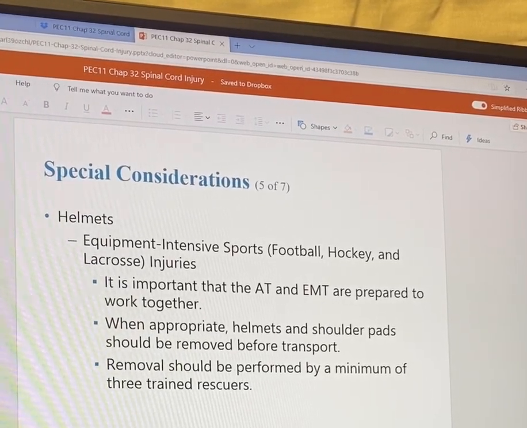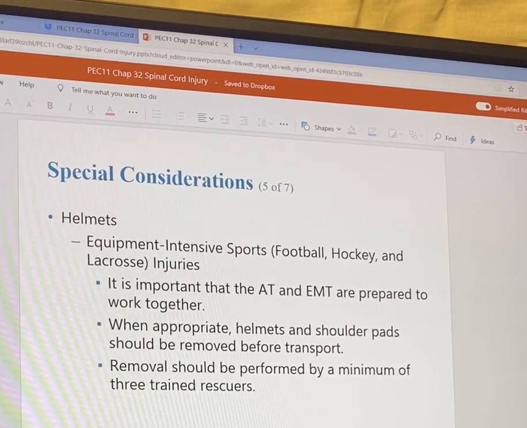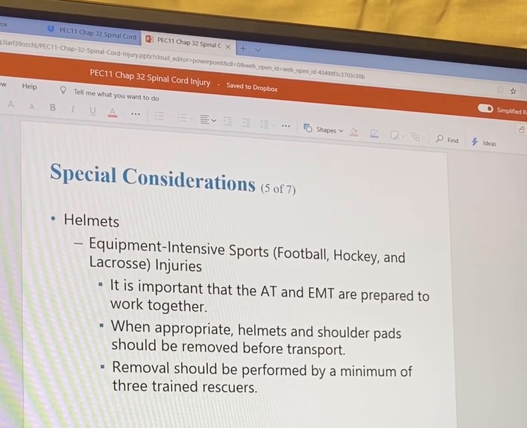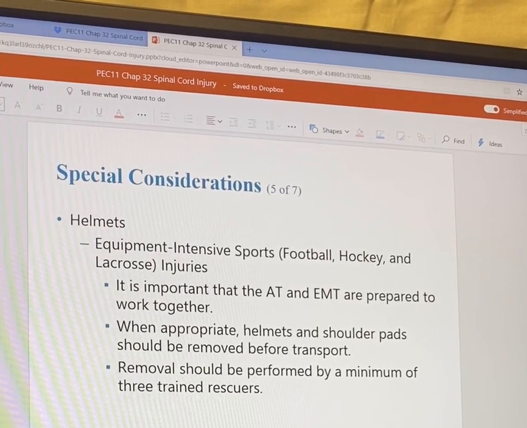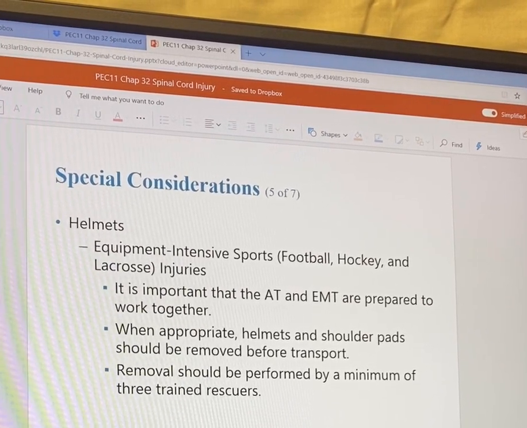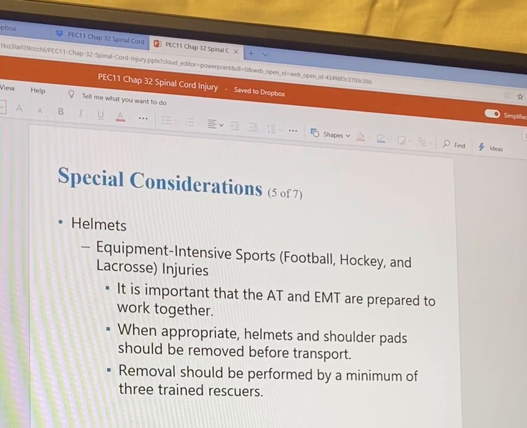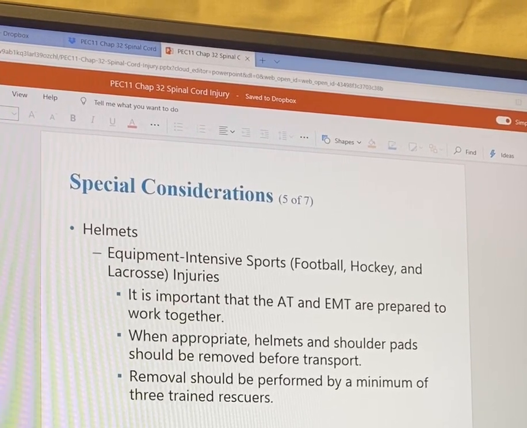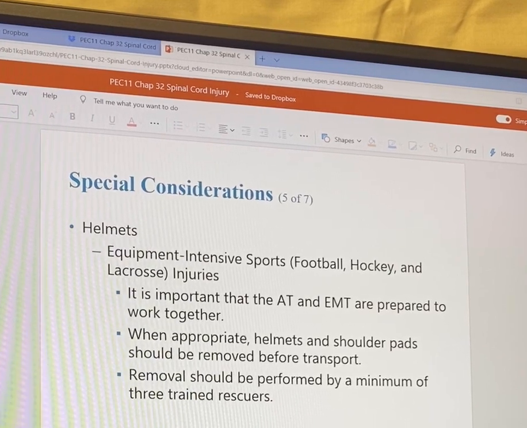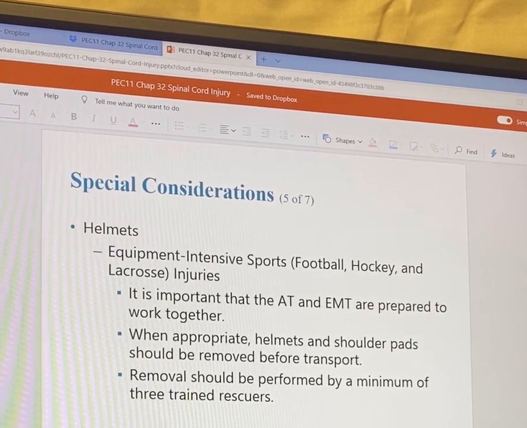Alright, recommendations now state, when appropriate, helmets and shoulder pads should be removed before transport of an athlete with a suspected cervical spinal injury. This rationale for equipment removal is due to advances in sports equipment technology, and removing this equipment expedites the athlete's care.